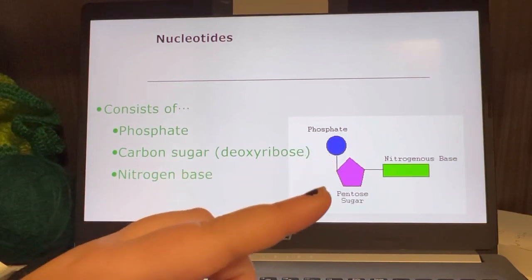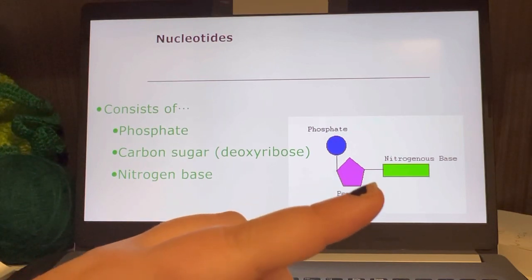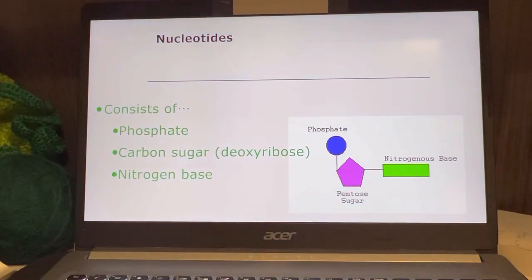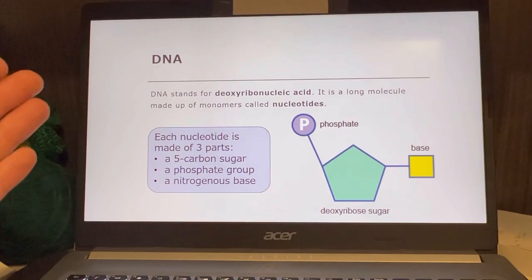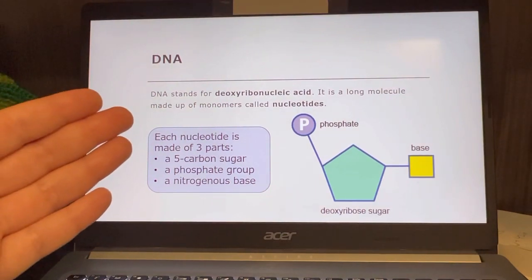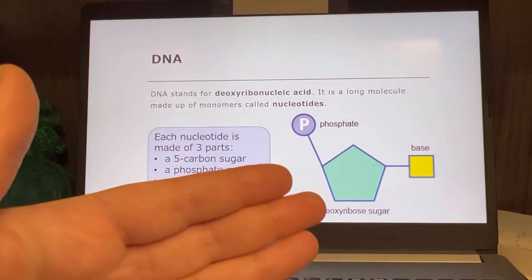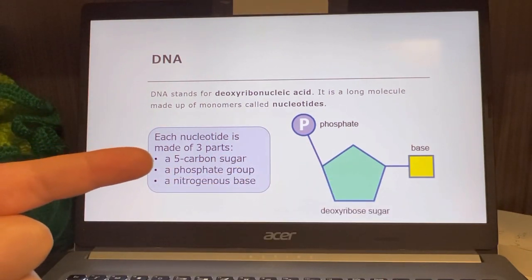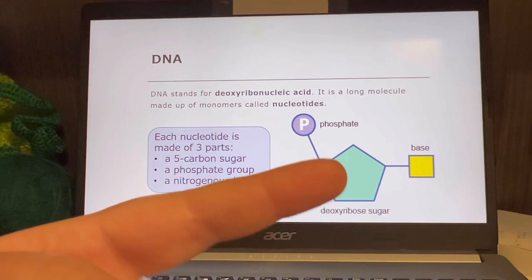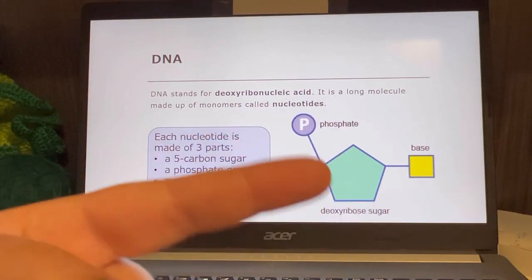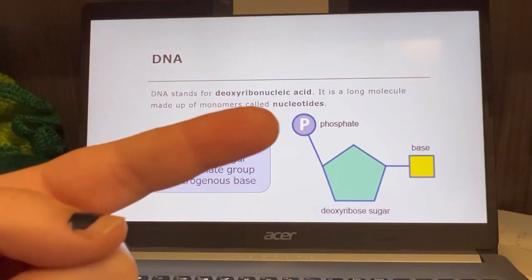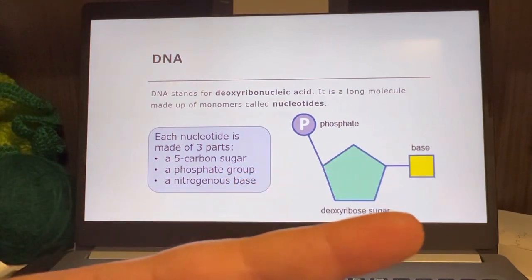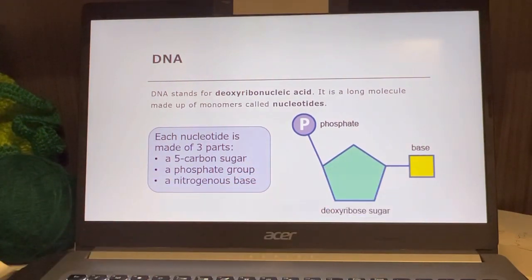Phosphate has to be round, sugar has to be a pentagon, and your base can just be a rectangle. Same thing, different way of showing it. Phosphate, sugar, base. Each nucleotide is made of 3 parts: your 5-carbon sugar, that's why it's a pentagon, because there are 5 carbons to make that up, your phosphate group, which is here on the side, and your nitrogenous base there.